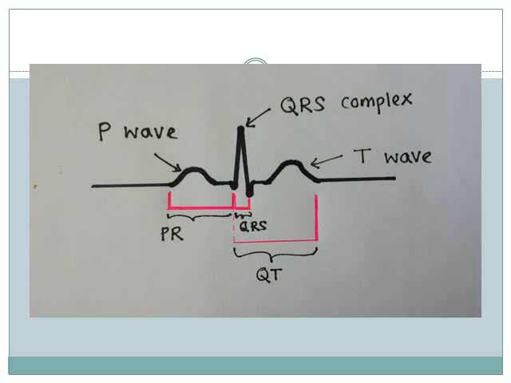And there are also durations that we need to remember when we interpret ECGs. So the PR interval is measured from the beginning of the P wave to the beginning of the QRS complex. So again, PR interval is from the beginning of the P wave to the beginning of the QRS. It's shown here.